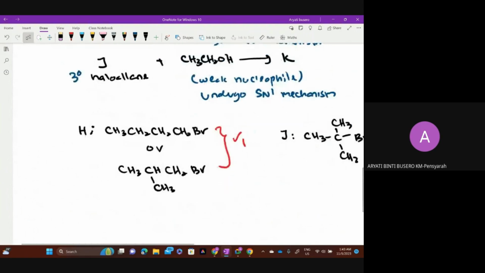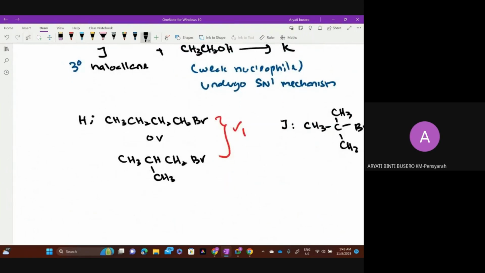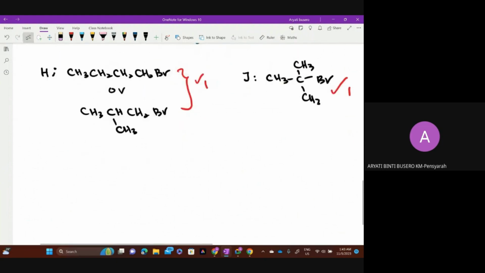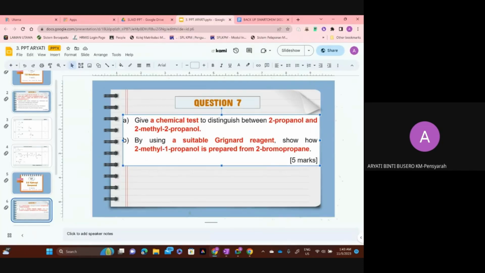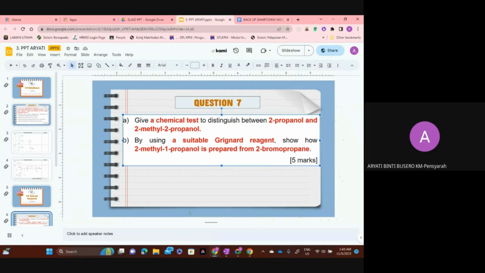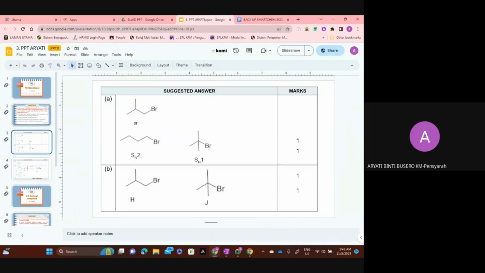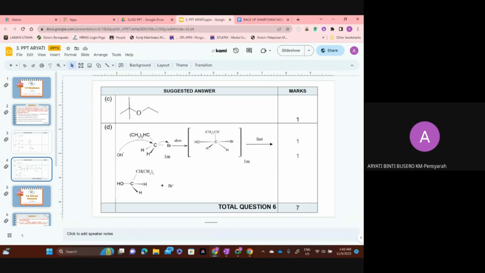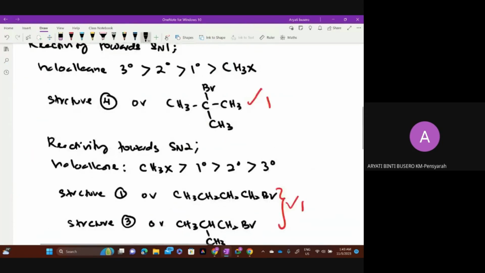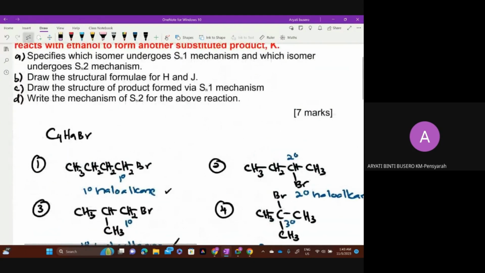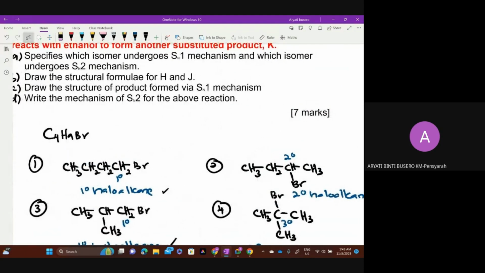Okay, so ini adalah soalan C. So dia kata, draw the product formed via SN1 mechanism.